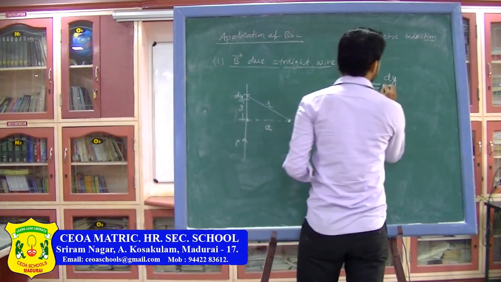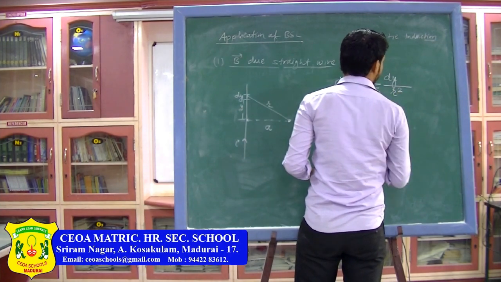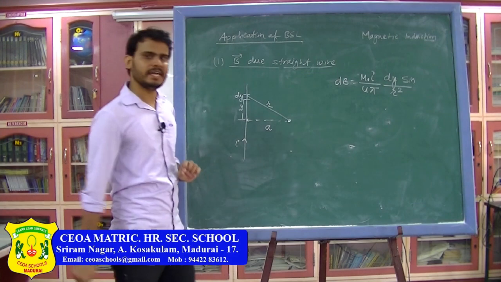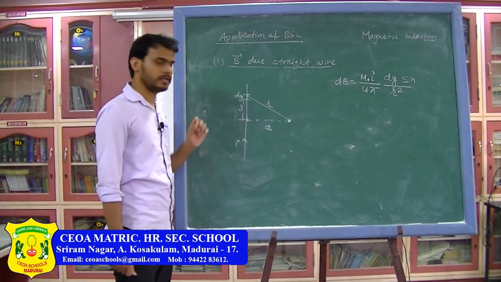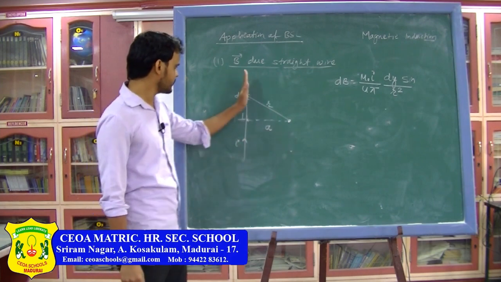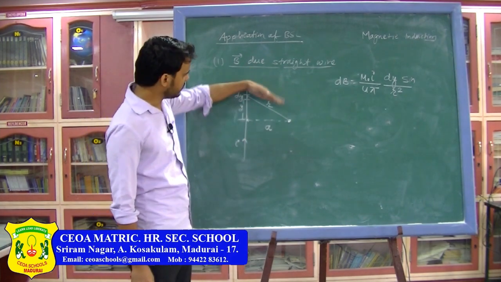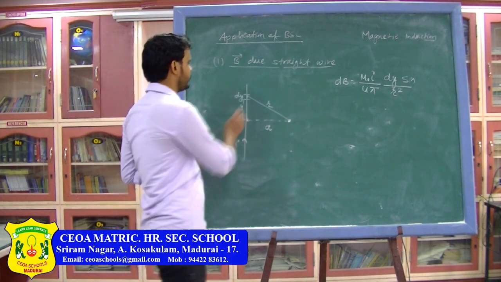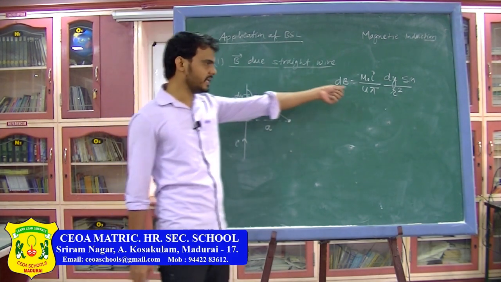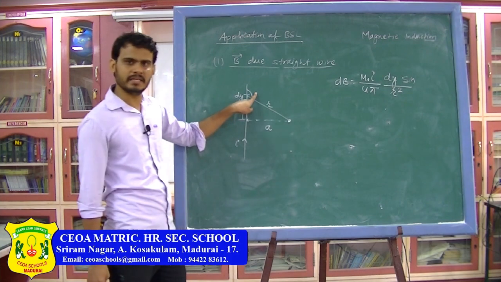So I can write this as dy by r square into sine. Now, theta is the angle between the current element and the position vector. Here the current element is this and the position vector is this, so I am interested in this angle. When I write sin theta, my angle here will be this angle.